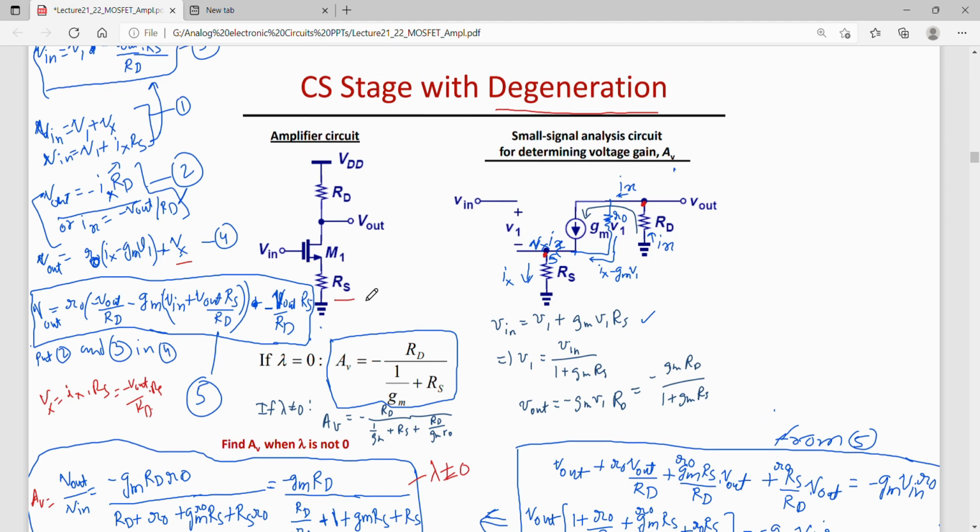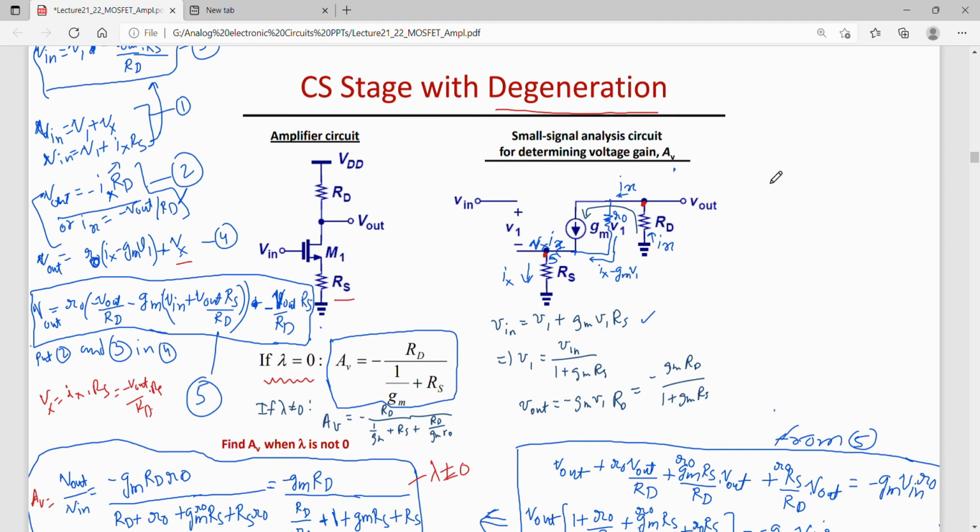So this represents a degeneration resistance. We understand the advantages of using this resistor for degeneration, so we will not go into that again. Okay. So now for this amplifier circuit the gain can be found. Okay. So for example, let us say lambda is 0. Okay. So when lambda is 0 the gain can be found.